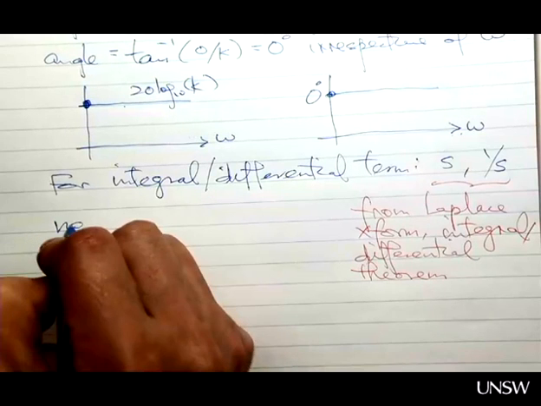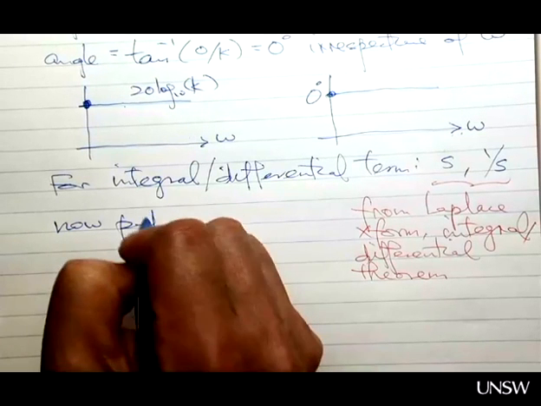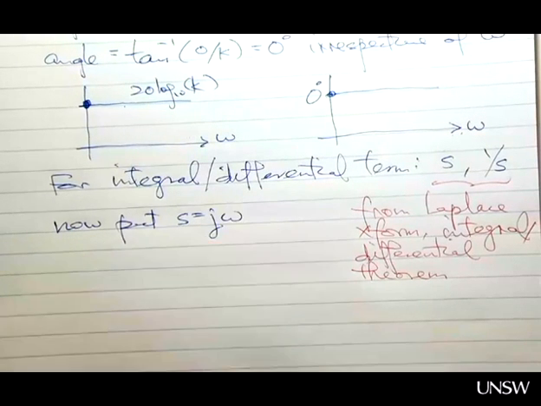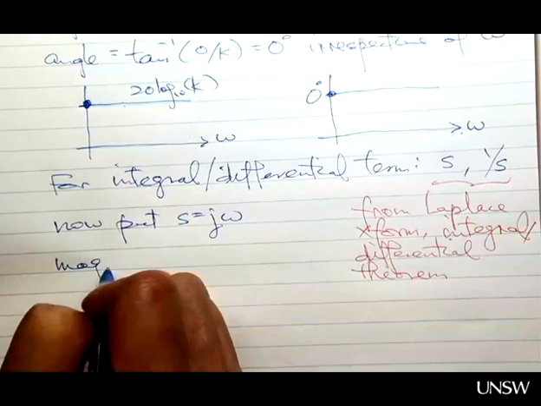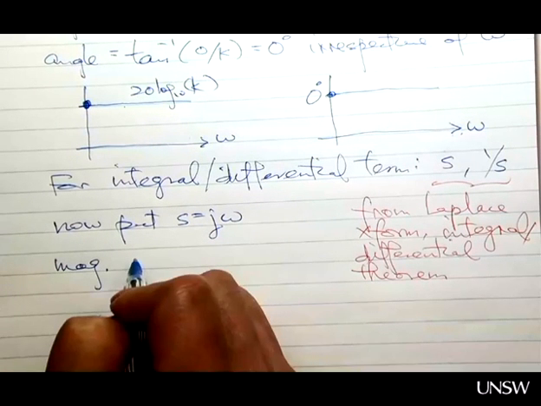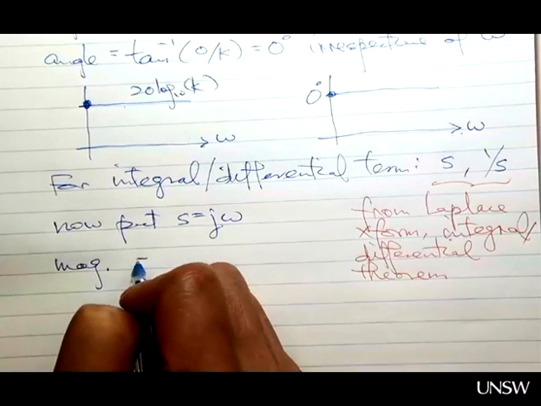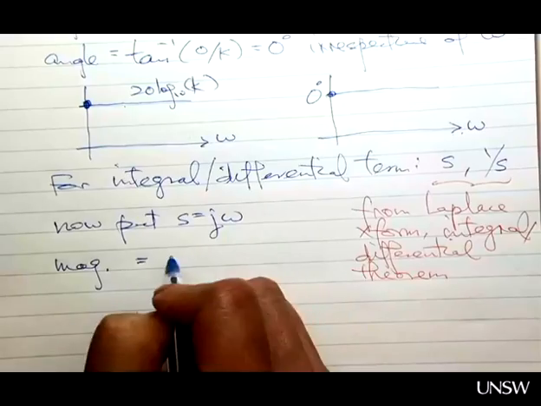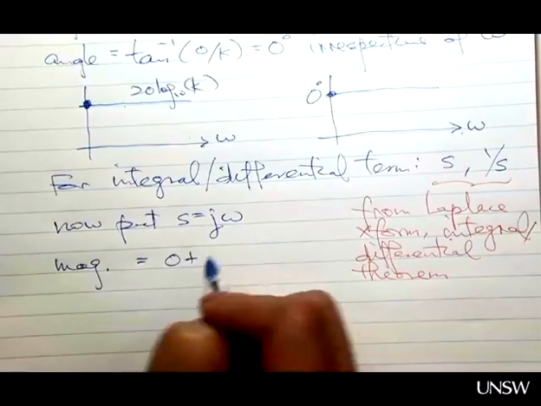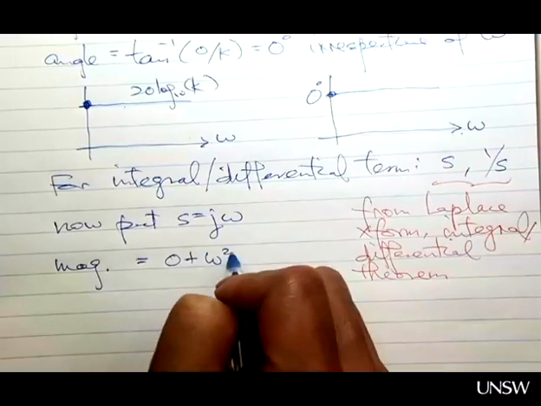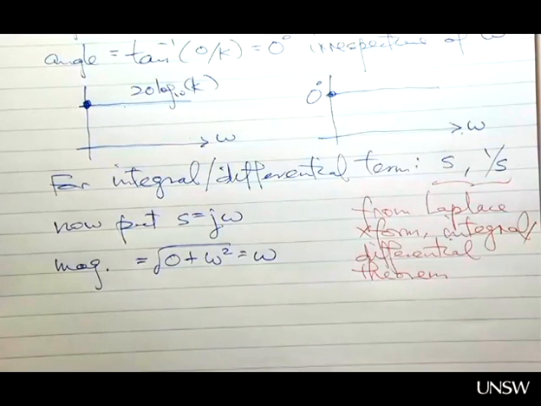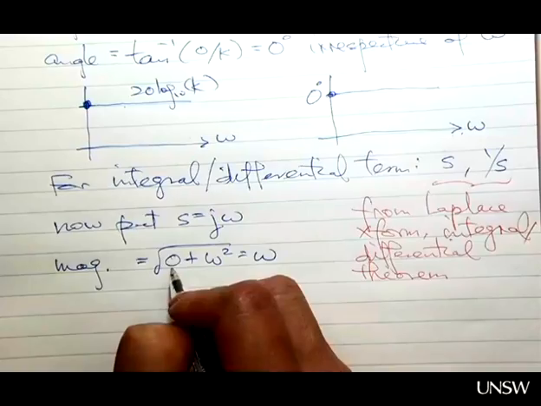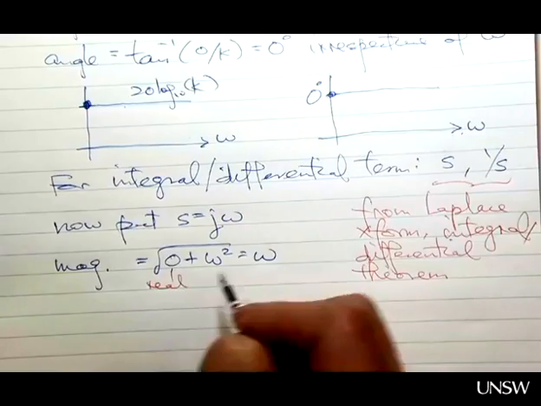So now we put s equals j omega. Then the magnitude is the square root of 0 plus omega squared. So we imagine that we have a real part, and then this is the imaginary part.